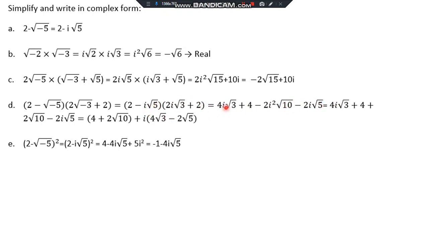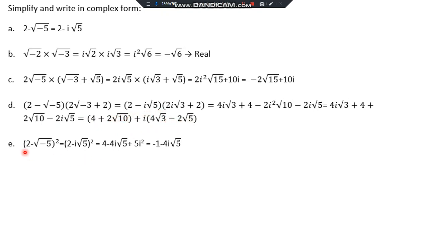So the answer will be 4i root 3 plus 4, i squared is minus 1, so it will be plus 2 root 15, and minus 2i root 5. So I put the real part together. I have 4 plus 2 root 15, plus i factor 4 root 3 minus 2 root 5. This is the real part, 4 plus 2 root 15, and the imaginary 4 root 3 minus 2 root 5.